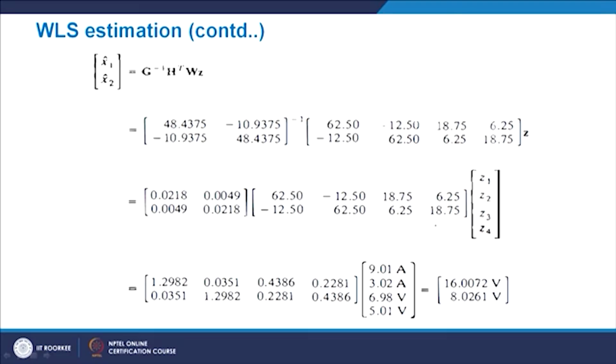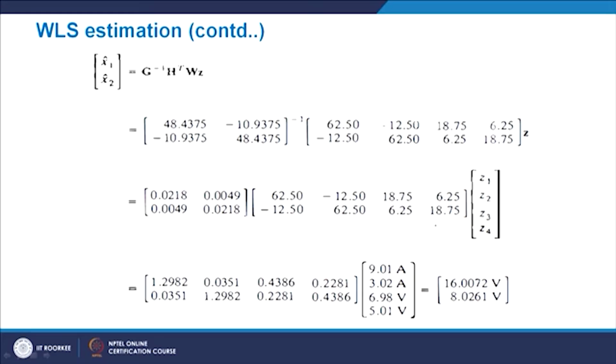G inverse is a 2 cross 2 matrix and H transpose W is a 2 cross 4 matrix, so this whole quantity would be a 2 cross 4 matrix. Then we substitute the values of Z1, Z2, Z3, Z4. Please recall that our values are 9.01, 3.02, 6.98 and 5.01.